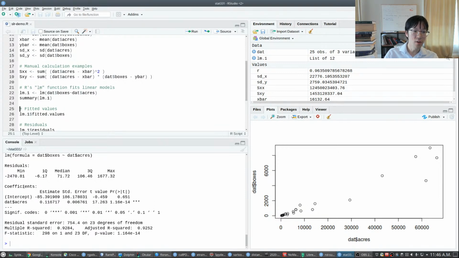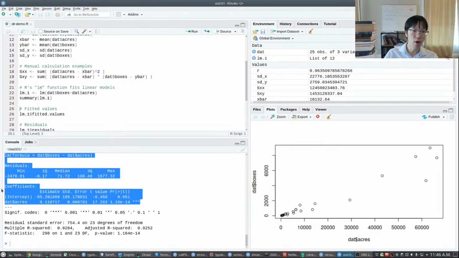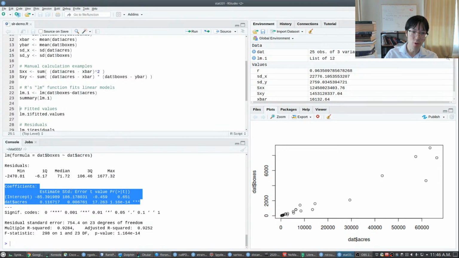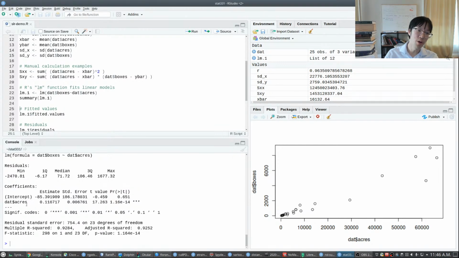Pay particular attention to this block about the estimated coefficients. You see there's an intercept term, so this is beta 0, and indeed this is where we got the minus 85 from. Then we have the estimate of beta 1, that's 0.1167. The standard error we calculated on the board is also here, 0.00676, along with its t statistic, about 17.3.